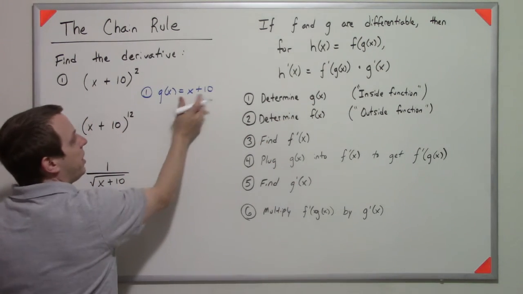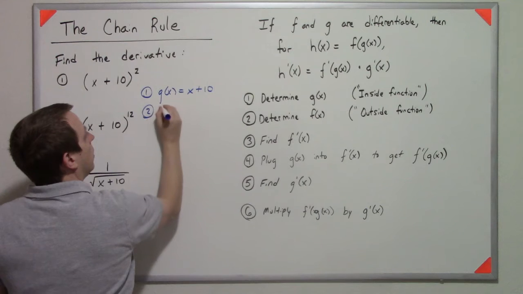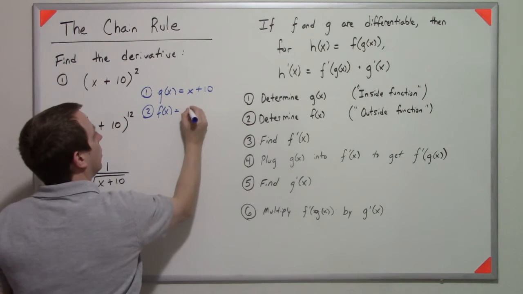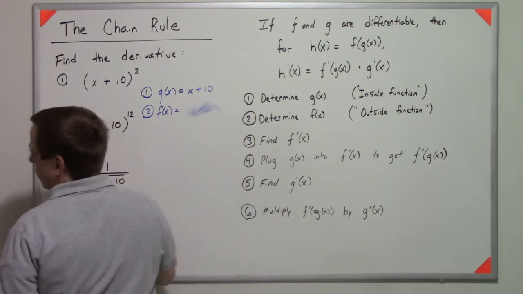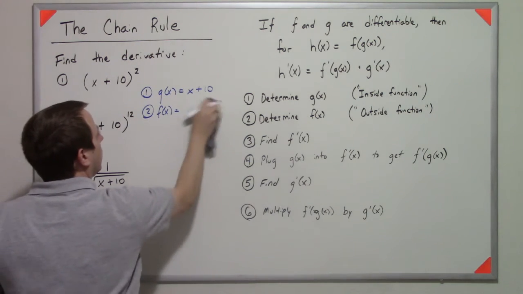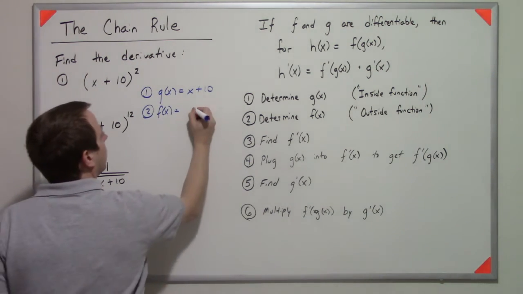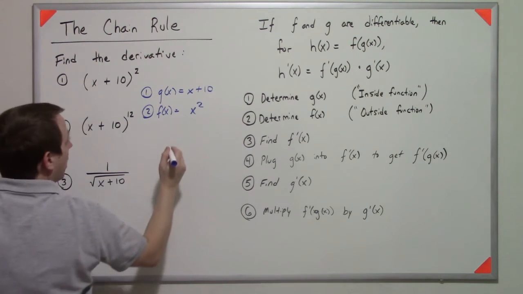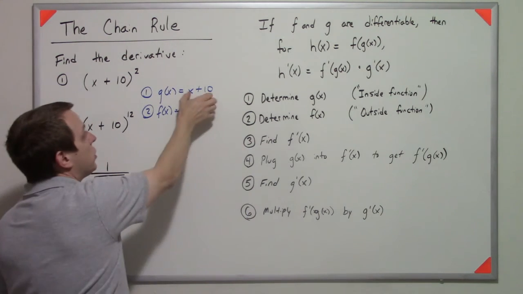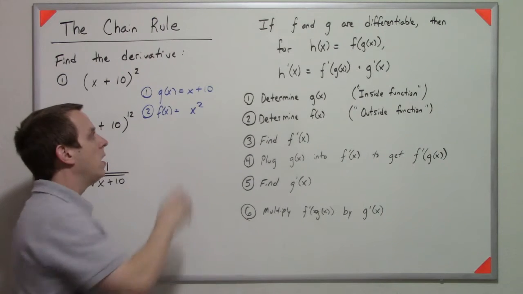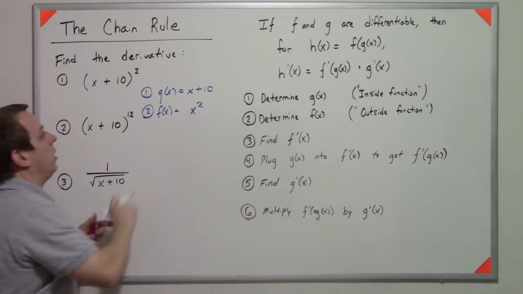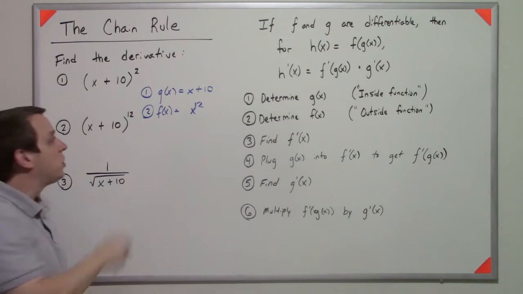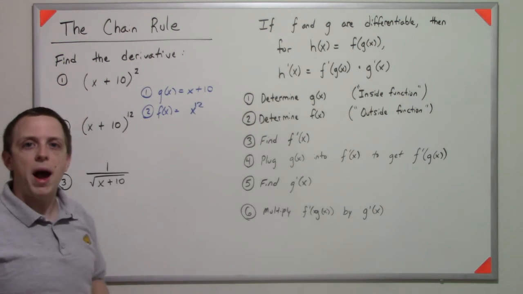Now, what I have to do is determine what the outside function is. So what does this fit inside of? This fits inside of x^12, because it's something to the 12th power, right?